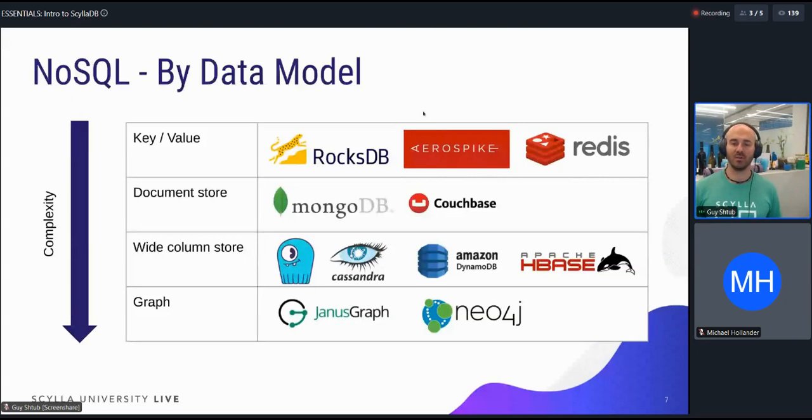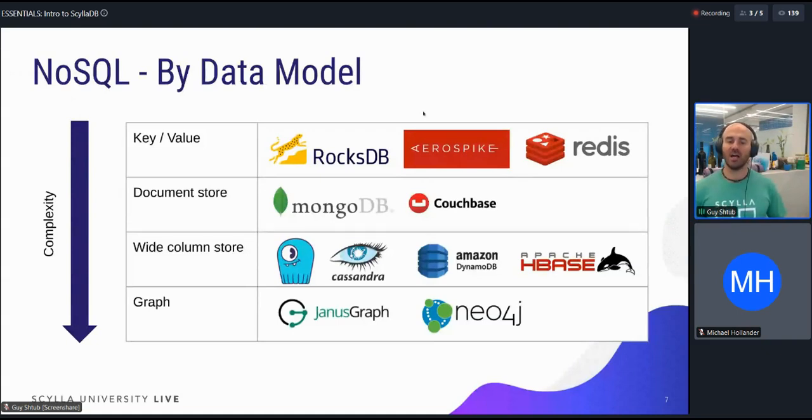It's very simple. Examples are RocksDB, Aerospike, and Redis. Next, in terms of complexity, document store databases like MongoDB, where data is stored as a document, for example, XML or JSON or some other structured document.